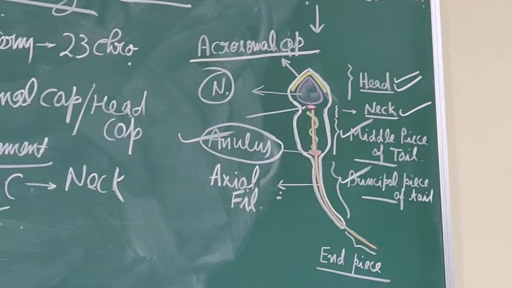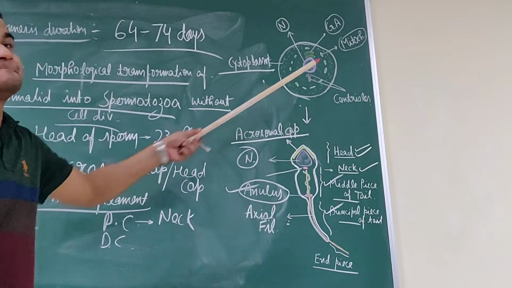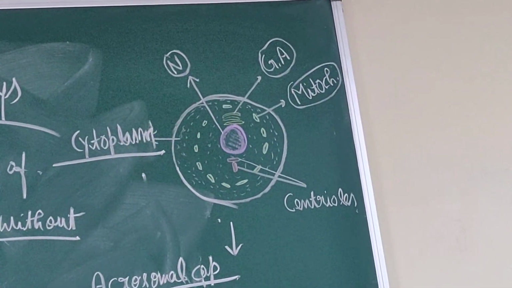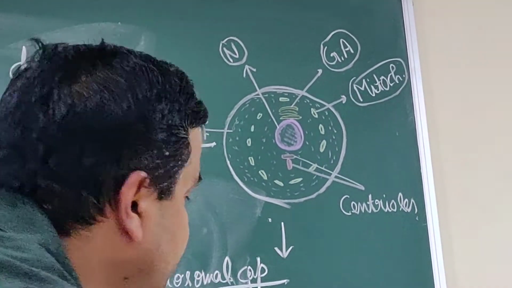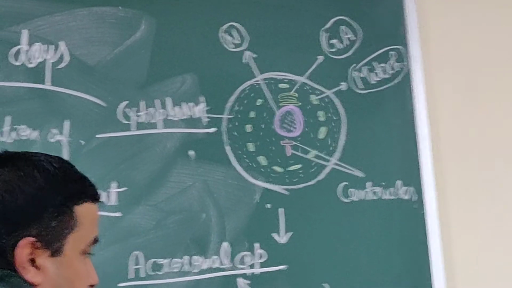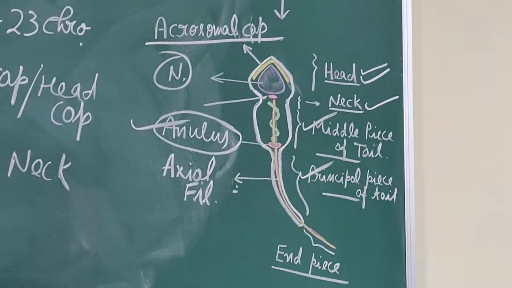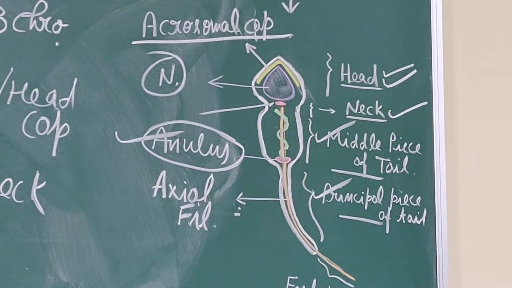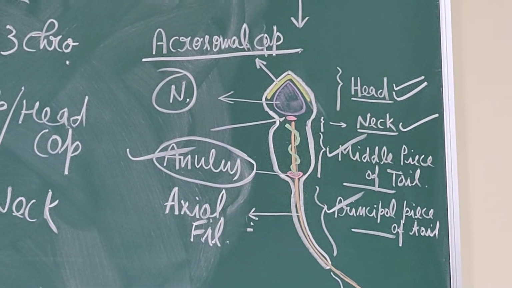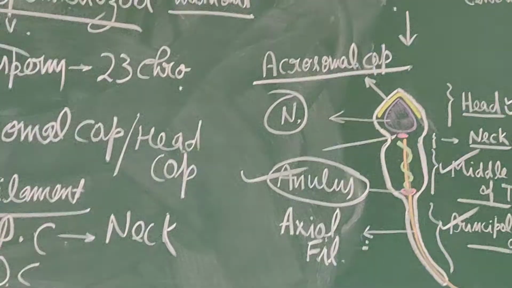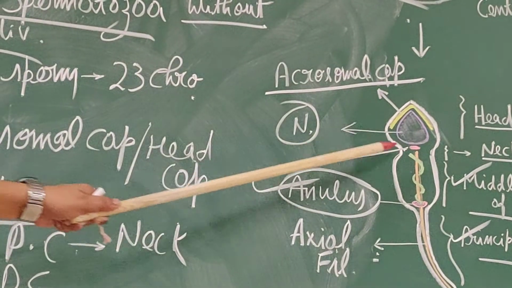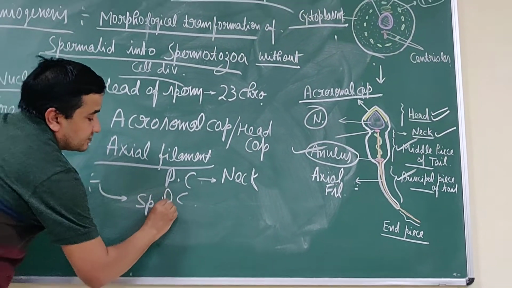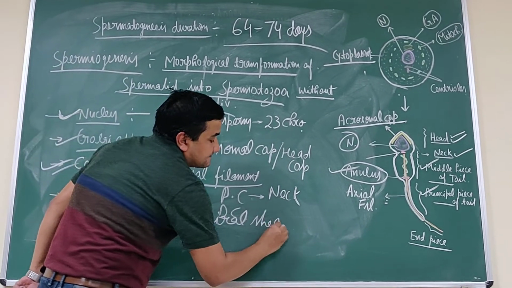Now the mitochondria. These mitochondria are numerous. The mitochondria join end to end, this green color, and they form the spiral sheath.